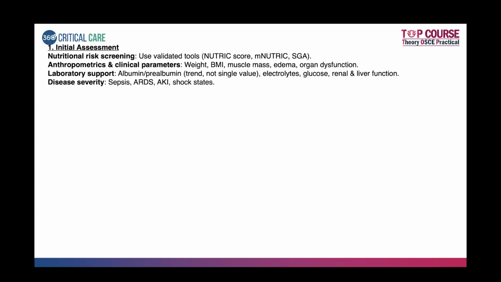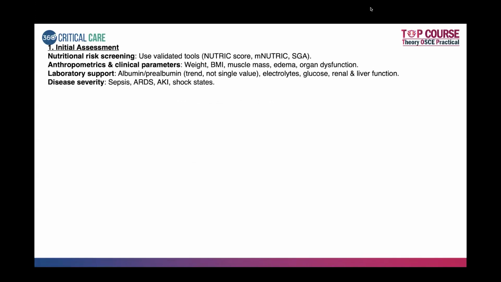So the initial assessment: first you need to go ahead with the nutritional risk screening. You go with validated tools like the NUTRIC score. Like I said, you need to assess the NUTRIC score to assess whether you can go with aggressive nutritional therapy in high risk groups. Then you can assess the mNUTRIC score, which is another alternative. Then you can assess the subjective global assessment tool.